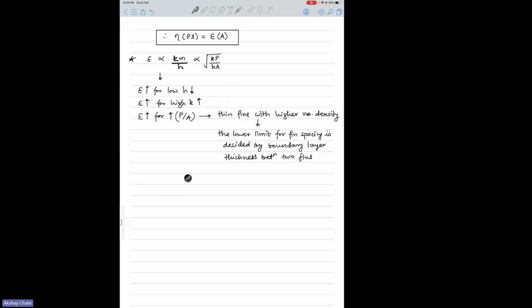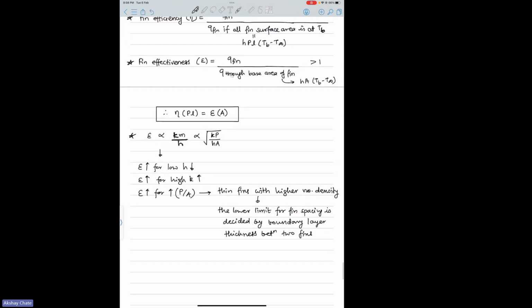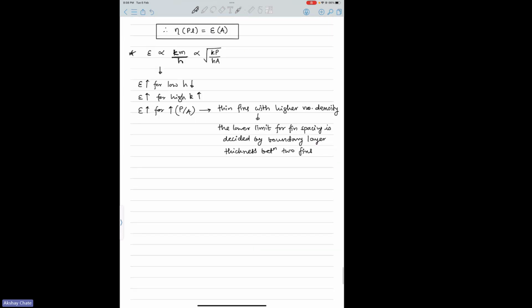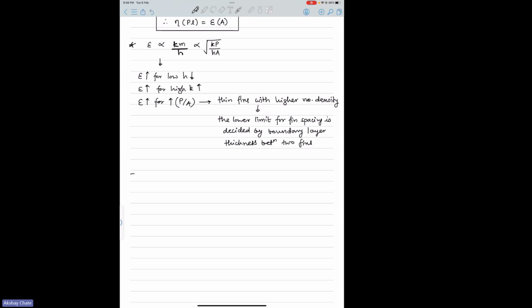When do you consider a fin to be infinitely long? Okay, I got it. If tanh(mL) value is greater than 5, the fin is considered as infinitely long. This is also one hack that I saw at one place.